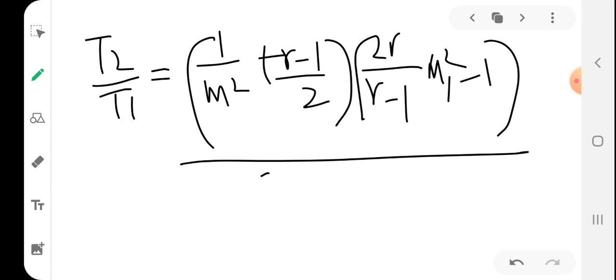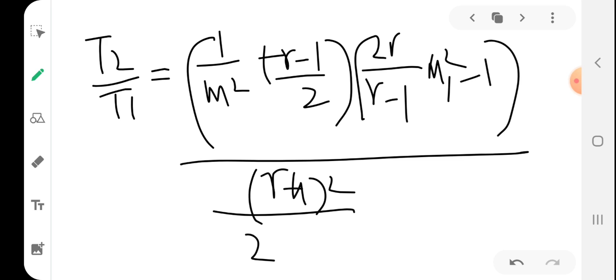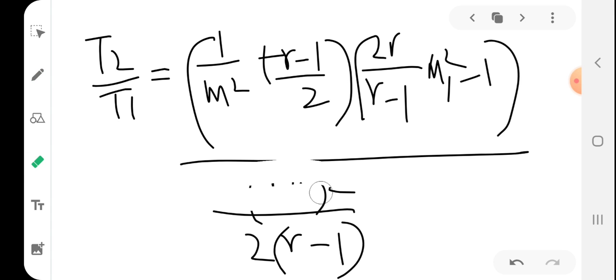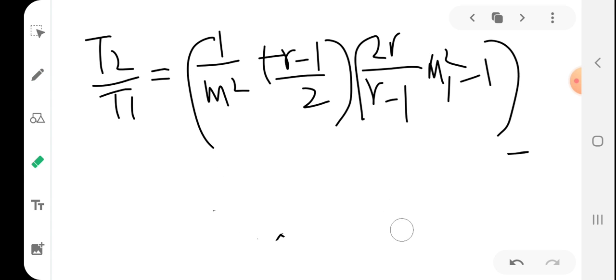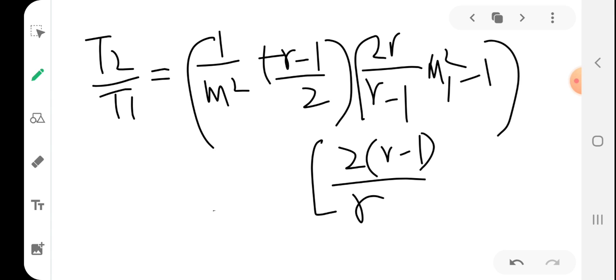Divided by gamma plus 1 whole square by 2 gamma minus 1. So if you take this to numerator, it will become into 2 gamma minus 1 by gamma plus 1 square. Okay, so there are two terms having M1 square.